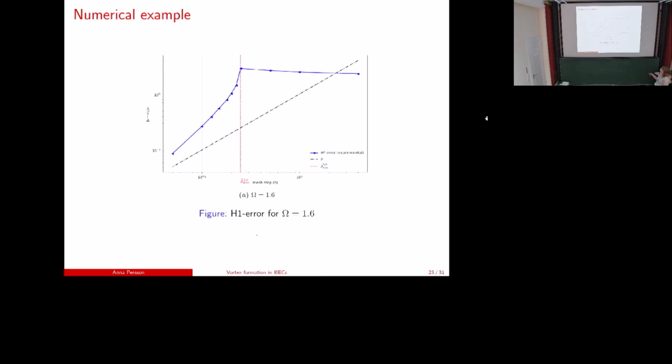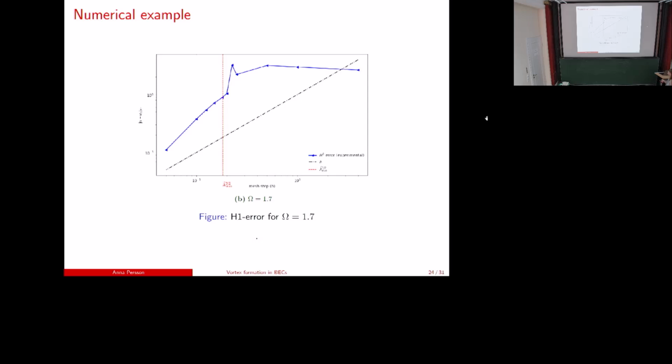Before this line, we have no convergence, we have this pre-asymptotic behavior, but after this, we get better speed. For 1.7, it also looks good. This was the one we looked at in the first slides, but I had question marks here that I wanted to find. So this is lambda to the power 3/2, giving us the result here for omega 1.7.